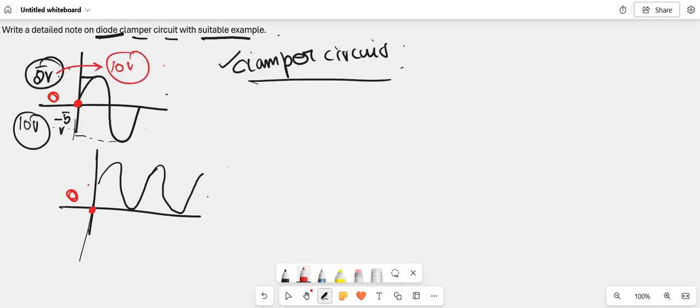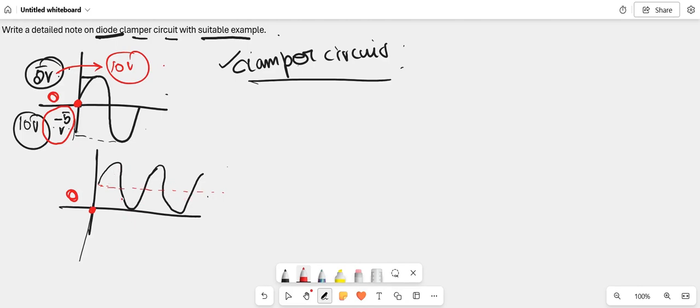Here we can see I have just shifted this minus 5 volt above the reference level. In this scenario, this 5 volt has now become the reference level of this sinusoidal signal.